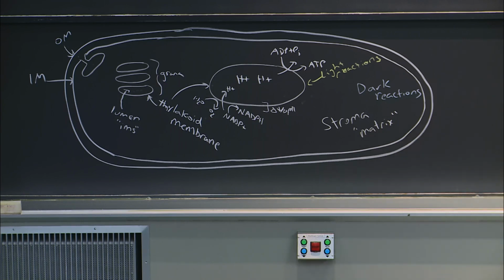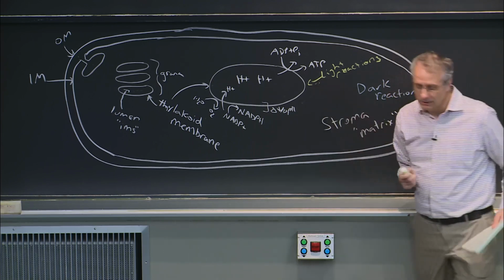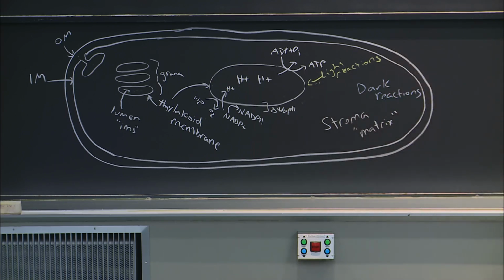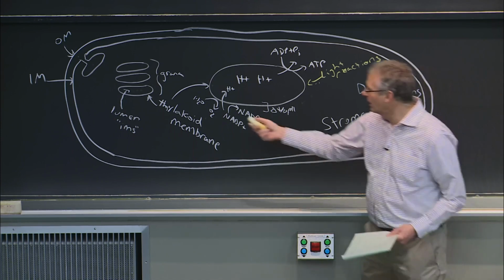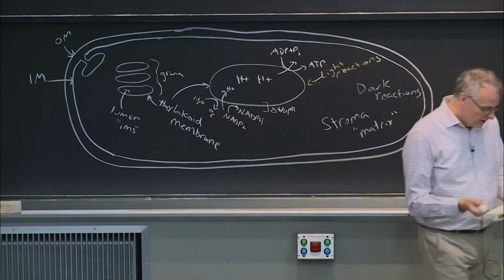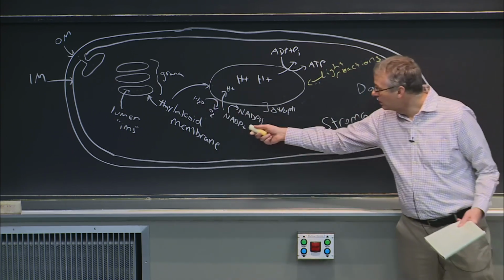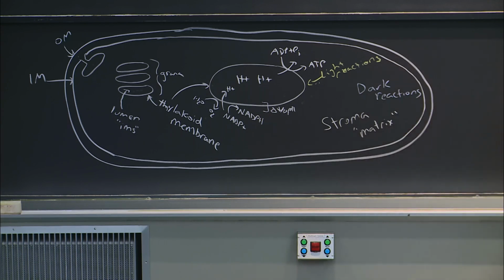All right, now let's get back to what's actually happening here in these light reactions. So of course, the trick of the light reactions is to come up with some way to make water a good electron donor such that you can have favorable electron transfer to NADPH, which is what's necessary to have energy release to generate delta psi delta pH.